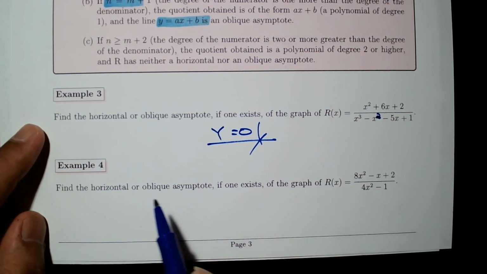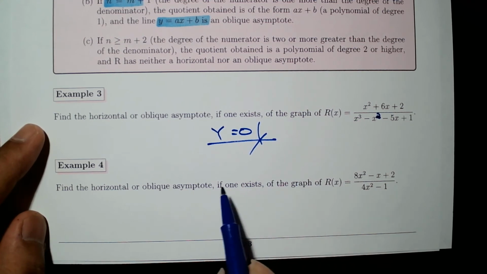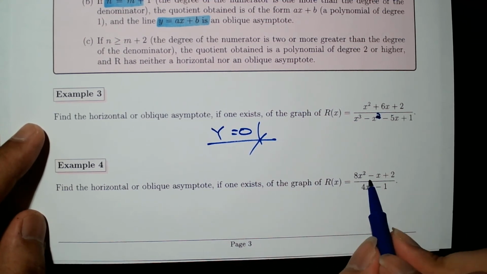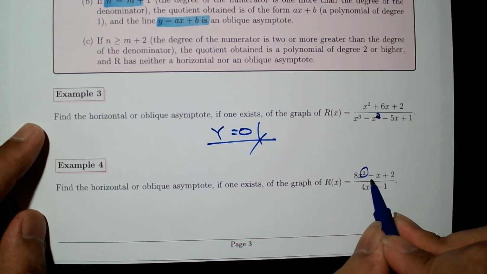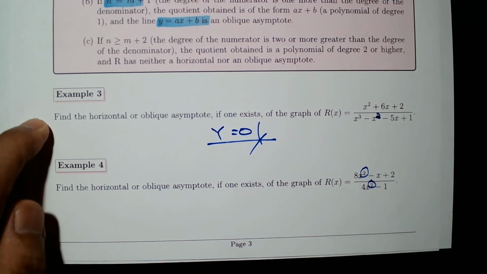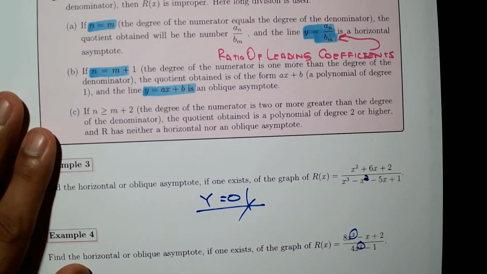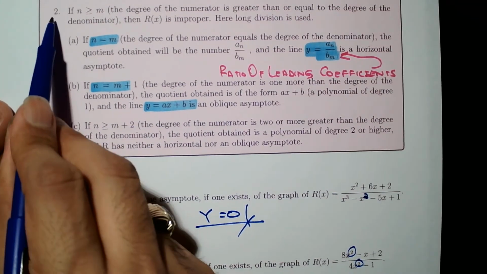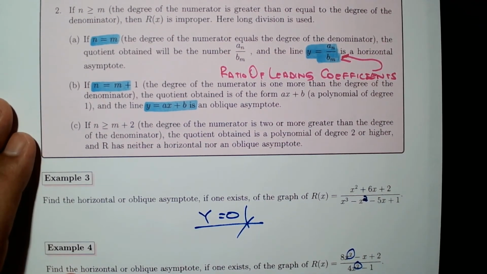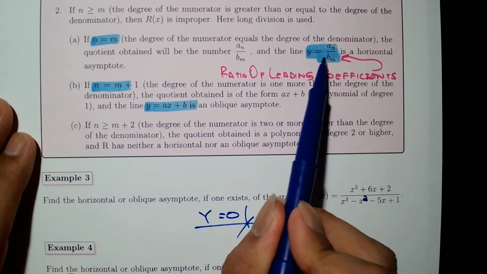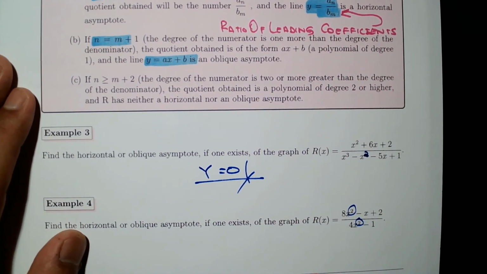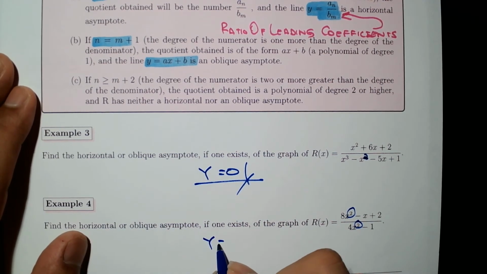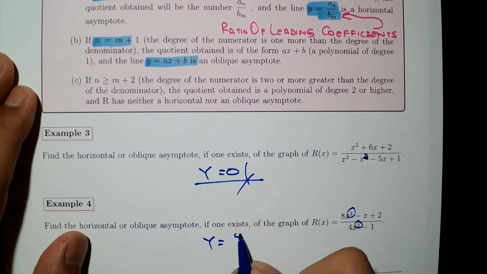The next example, find horizontal or oblique asymptote if one exists. So in this case, we have the quotient of two polynomials which have the same degree. All right. So in this case, this will fall in category A of the second part, in which all we do is look at the ratio of the leading coefficients. So y will be a sub n divided by b sub m.